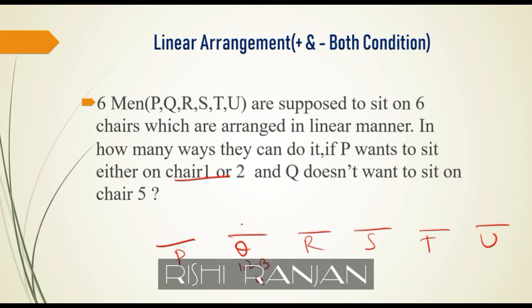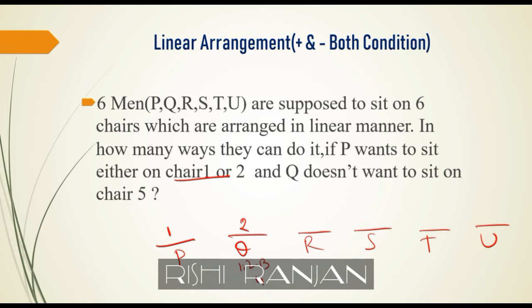If Q takes 2, in that condition P will have only one option left. Although in the question P was supposed to have two options, chair 1 or chair 2, because one of the options is taken by Q, now P has only one option, which is wrong.